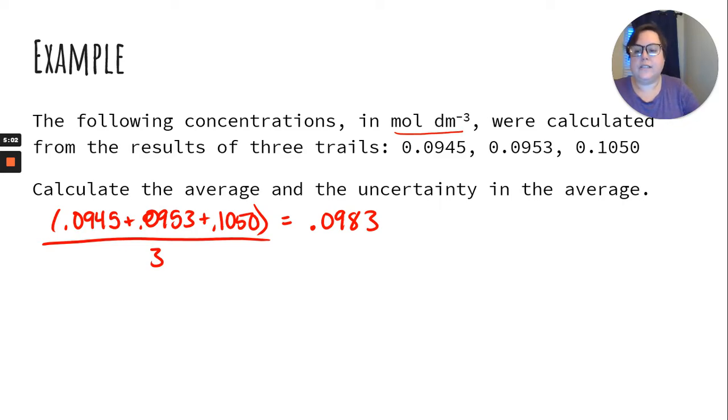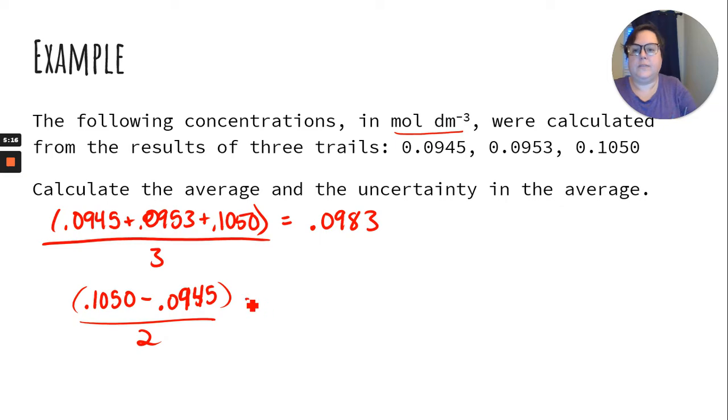To find the uncertainty, we would take the maximum value, so the largest value that we have, minus the smallest value. Whoops, sorry, that should be 0.49945. And then divide it by 2. And so we get an uncertainty of 0.00525.